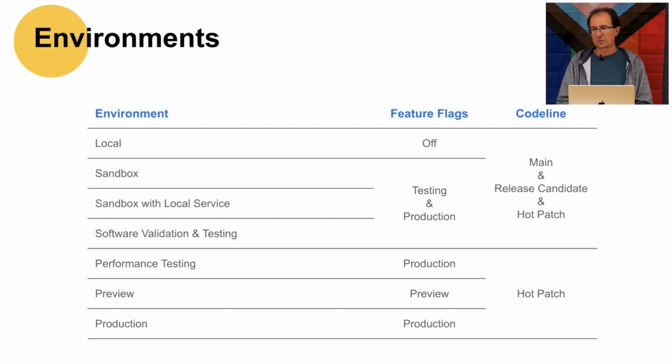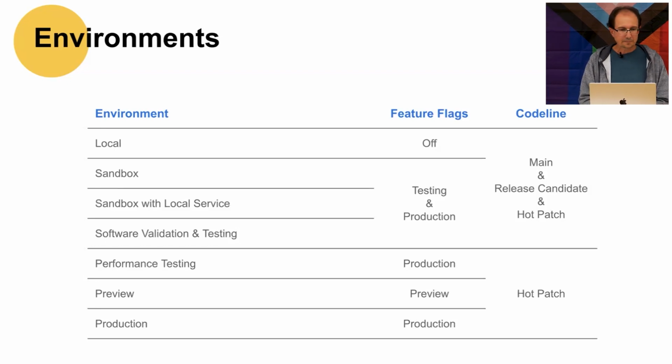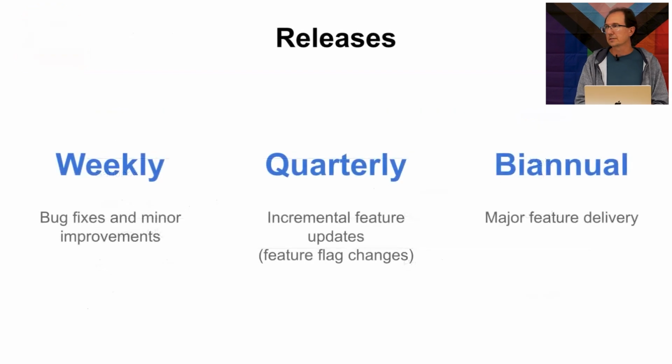So you can imagine the sandbox as a cluster sitting somewhere in the cloud, dedicated to your needs, and you can connect your locally running service to that cluster and pretend that it is actually running within the cluster. This way you can, for example, debug your code locally while it pretends to be in a production-like environment. Otherwise, we have all the typical environments that you might think of.